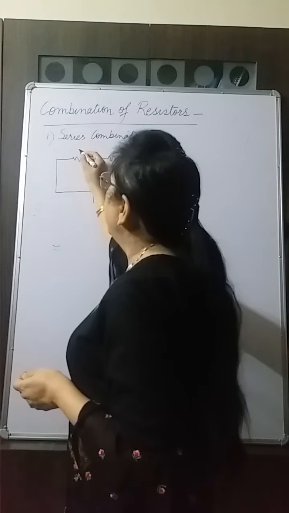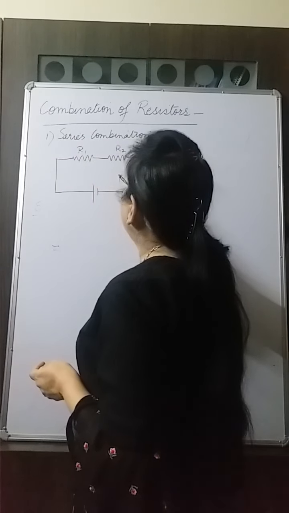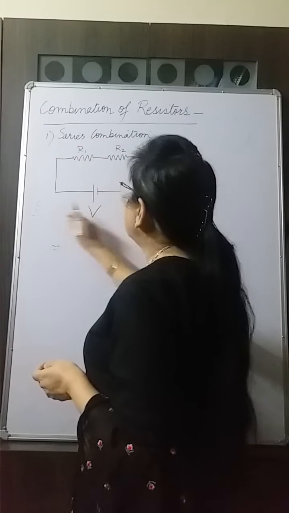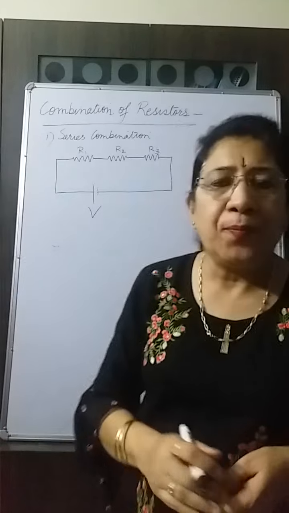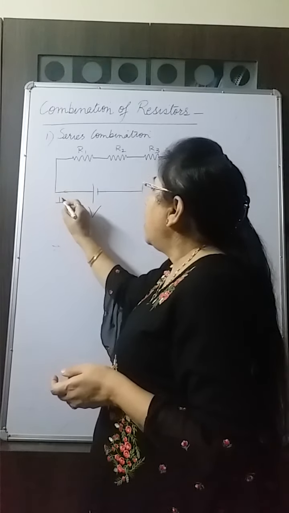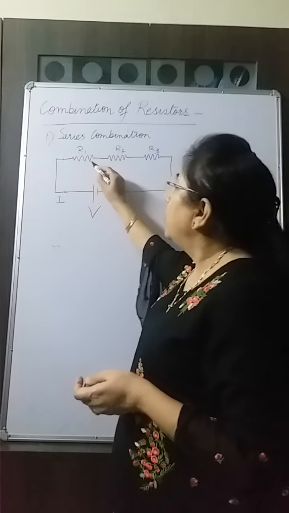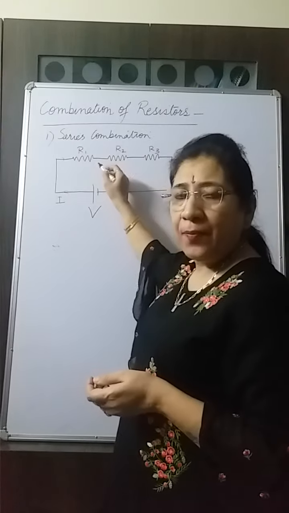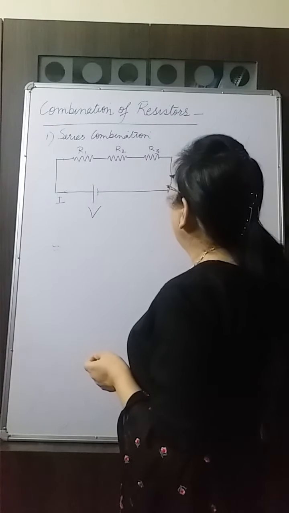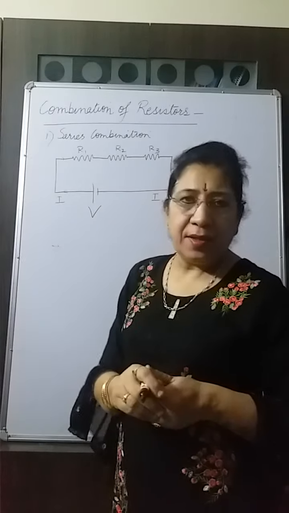Here we have three resistors R1, R2 and R3 connected across a source of potential V. Current will start flowing in the circuit, and the same current will flow through all the three resistors R1, R2 and R3 and come back here, and the circuit will be completed.